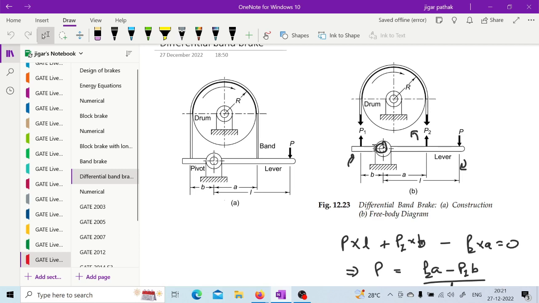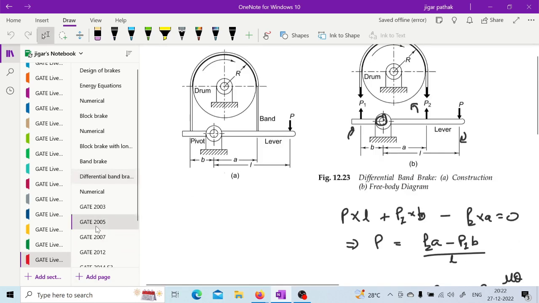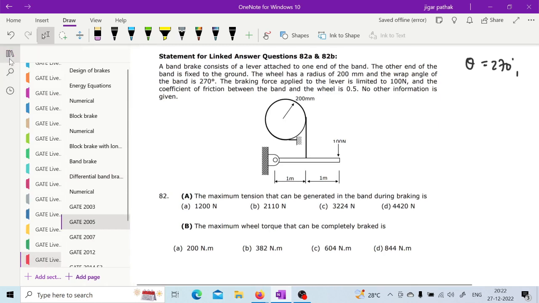No, tight side is B. Tight side is B, yes, and then the slack side is this A, correct? Yes. Now you can go here.